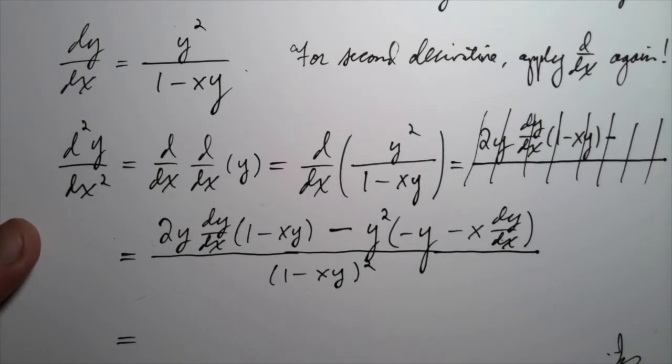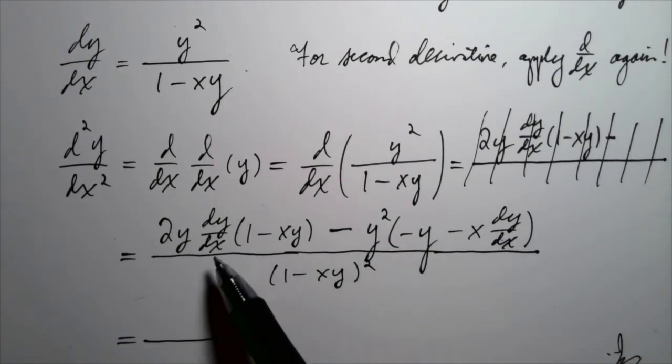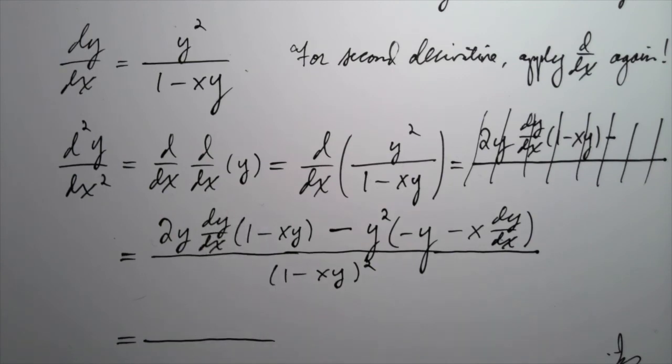We're not done yet. What we need to do next is simplify, but also we need to get rid of the dy by dx's, right? In the problem, we're supposed to find the second derivative in terms of x and y, so we can't just leave it in terms of dy by dx. But check it out.